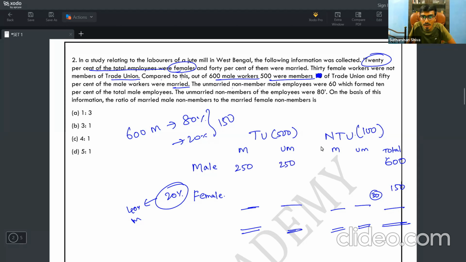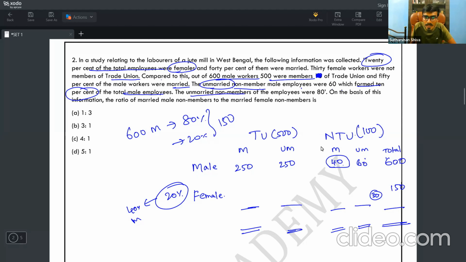The unmarried non-member male employees were 60, which formed 10% of the total male employees, correct? 60 is nothing but 10% of 600. It means the value here is going to be 40. 250 plus 250 is 500, 500 plus 60 is 560. If I subtract from 600, I will get 40.